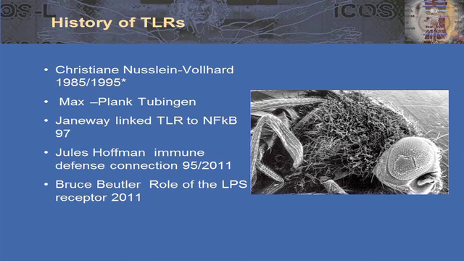Toll in German means odd, far out, and when they saw that these mutated animals had dorsal ventral displacement of their wings and legs, it was just thought to be an oddity.